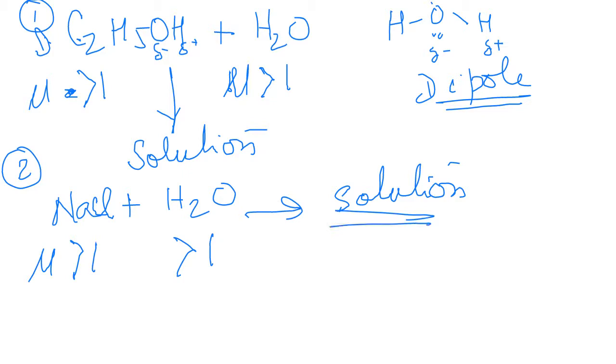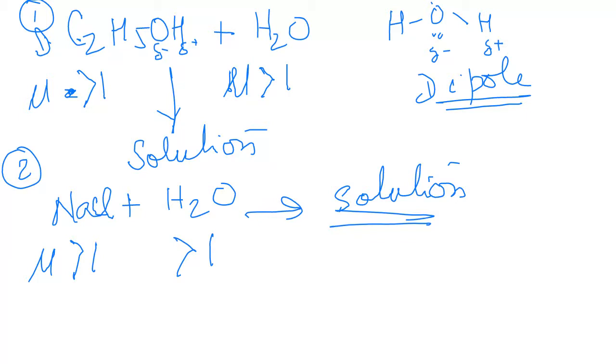So this is how to tell whether they will make a solution or not. It depends on their polarity as well as on dipole moment. Dipole moment greater than 1 means the compound is polar, meaning there are positive and negative charges. When there is no positive or negative charge, the dipole moment is less than 1.